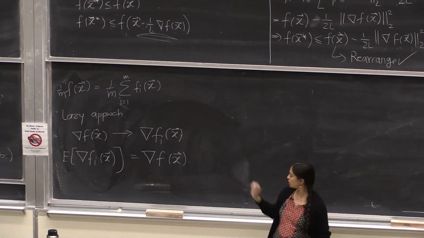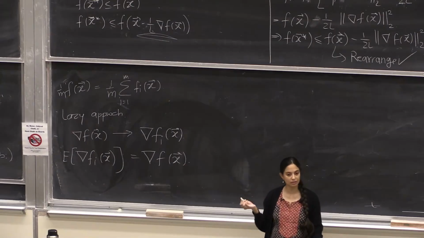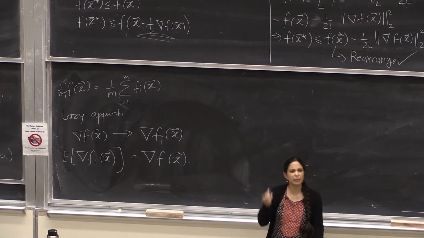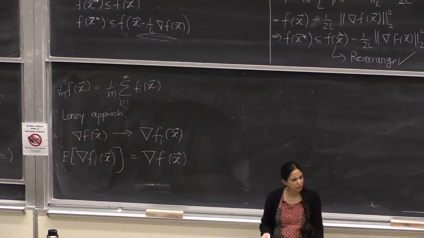Right? So I'm choosing a random quantity, essentially, which on average is going to be exactly the gradient that I want. But it's kind of a noisier version of the gradient. It's not exactly the gradient. But in expectation, it's going the same direction that I want it to go. But it's easier for me to compute.